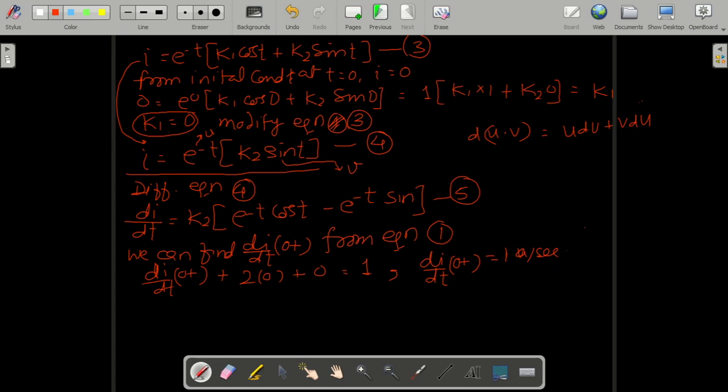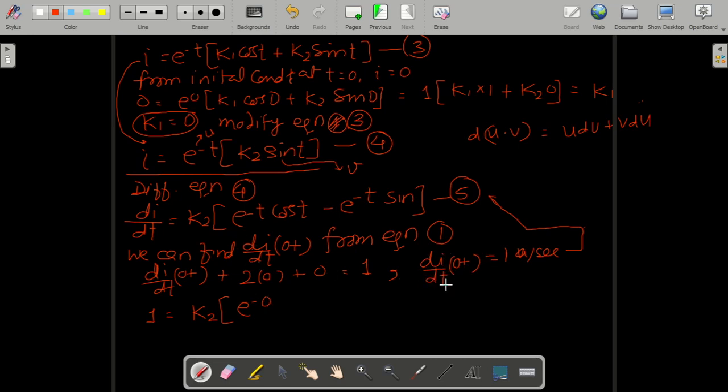So this value di by dt 0 plus we will put in 5. So this is 1, di by dt 0 plus is 1 equal to what? K2 e raised to minus 0 at t equal to 0. At t equal to 0, I am putting it. Okay.